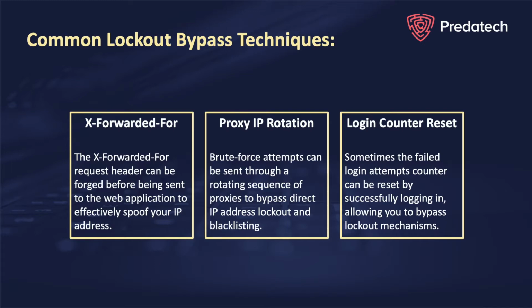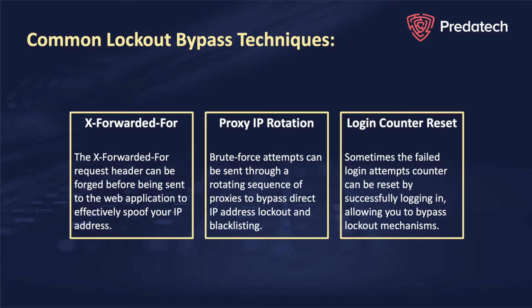So when a request is sent through a proxy, the proxy will add the X-Forwarded-For header to the request, and it will put in what the original IP address was. So when the web application receives the X-Forwarded-For header, it will know what the original IP address was. This can be bypassed by forging the X-Forwarded-For header.